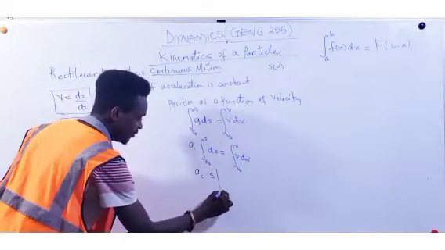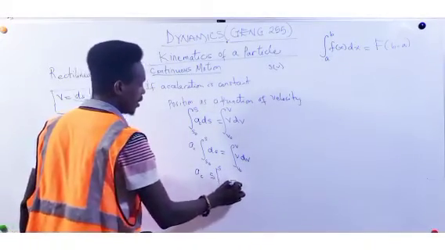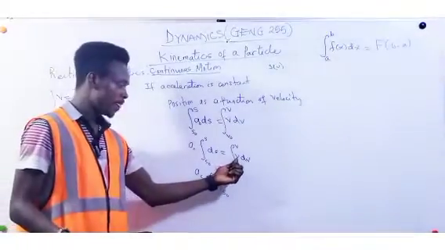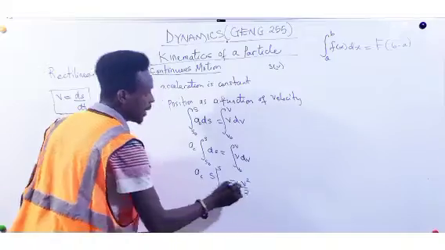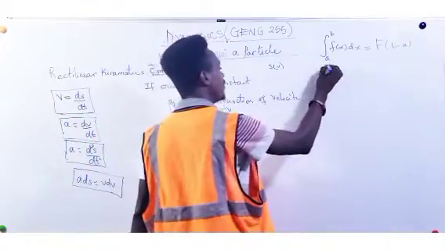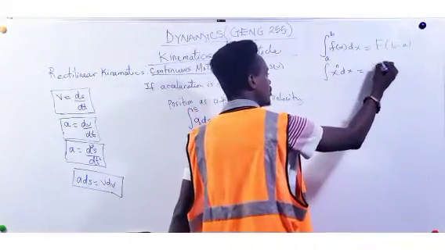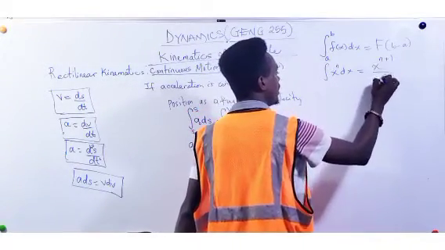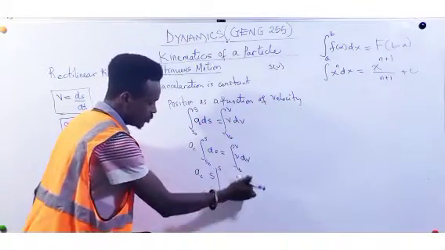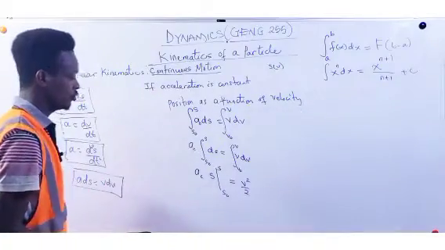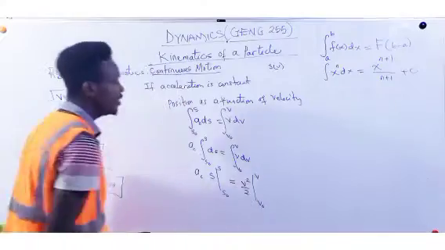We integrate the right side and we'll have v squared over 2, where we apply the power rule. The integral power rule says that the integral of x raised to n dx is equal to x raised to n plus 1, all divided by n plus 1, plus c. So add 1 to the power, we'll have 1 plus 1, which is 2, all divided by 2, on the interval from v naught to v.